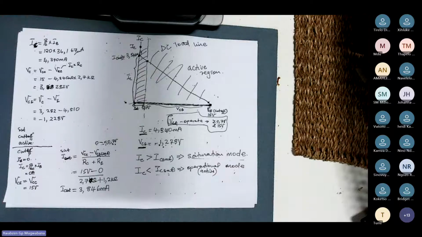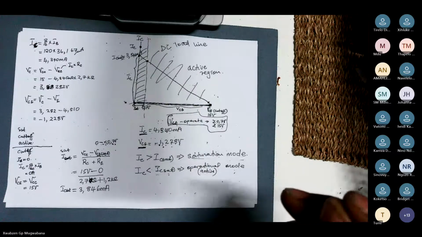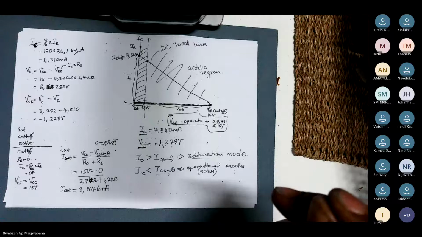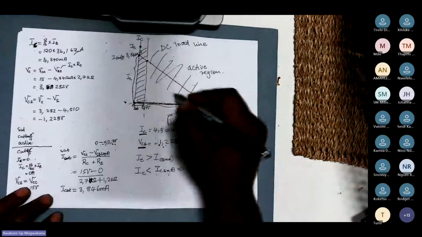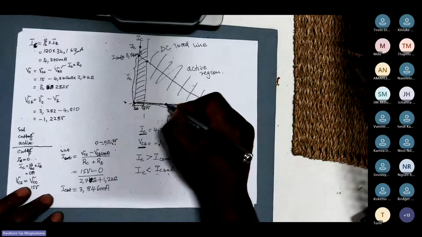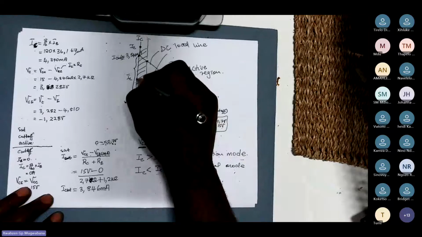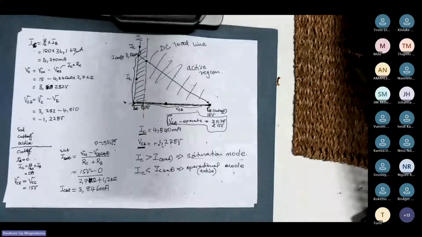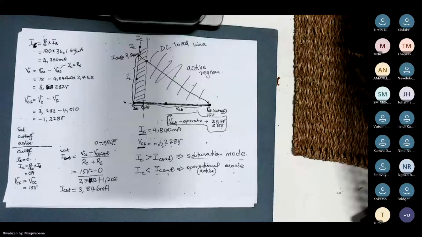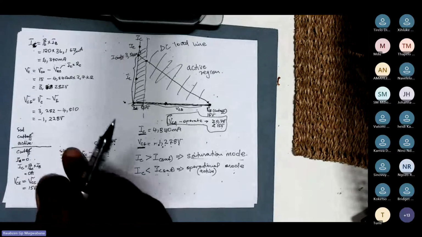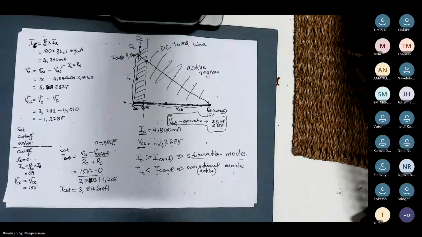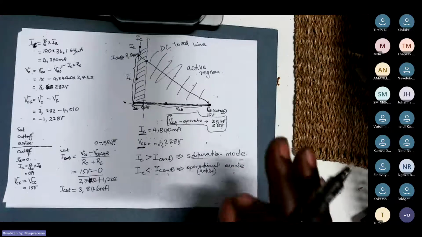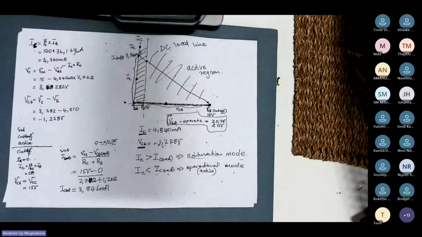Remember, your graph must be the relationship between the VCE and the IC. Let's say you find that VCE is here and IC is there. Where your IC meets your VCE, that is the point of operation.